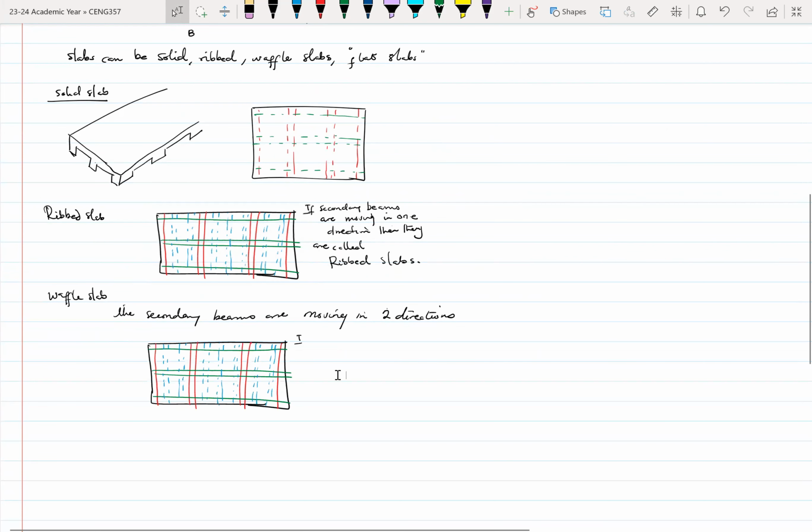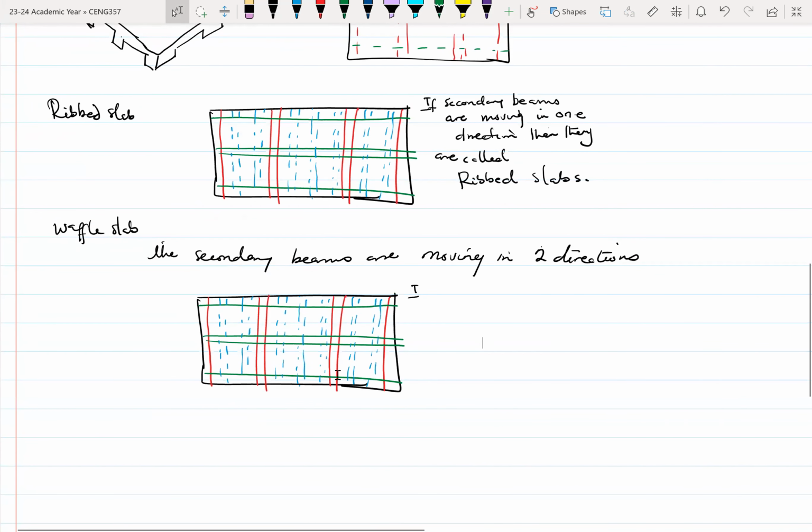Then I draw another set of smaller beams going in that direction, something like this. So it becomes like a waffle. You know how we have this waffle food that we eat, with this whole crisscrossing set of lines. That is how the waffle slab also looks.